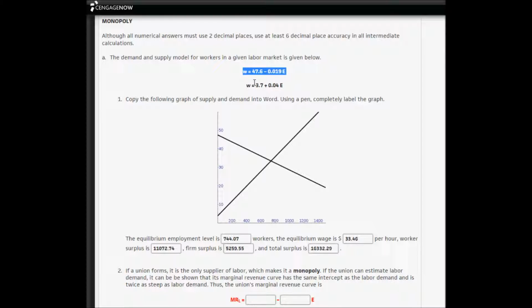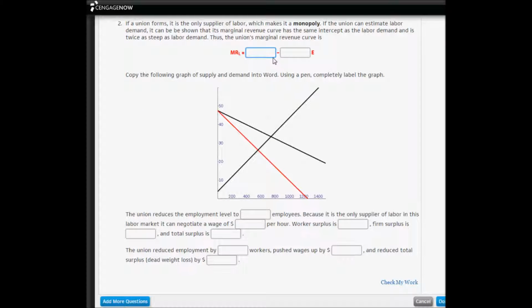The marginal revenue of the union has the same intercept, but the slope is twice as big. So 0.038 is the slope of marginal revenue, and 47.6 is the intercept of marginal revenue.